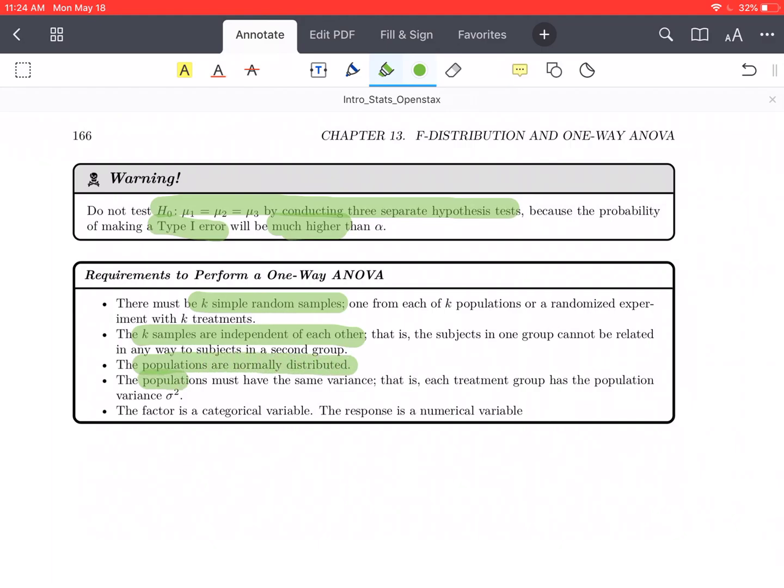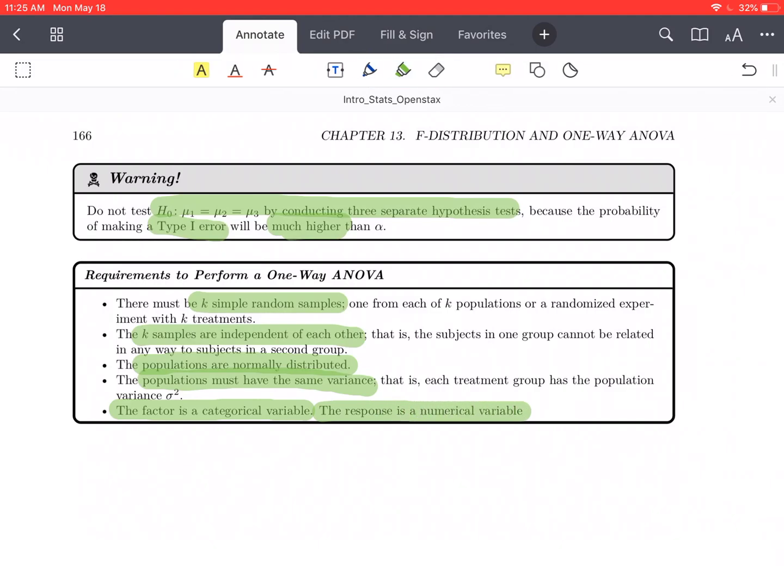They must have the same population variance, and the factor is a categorical variable, and the response is a numerical variable. So that's just a brief rundown on what ANOVA does.